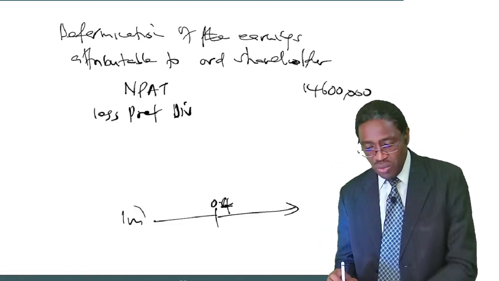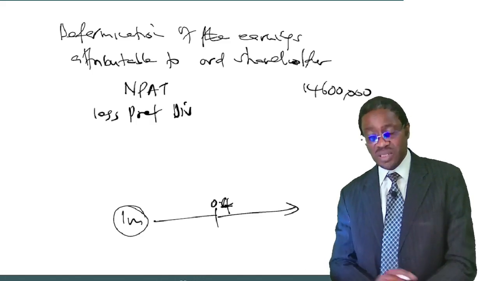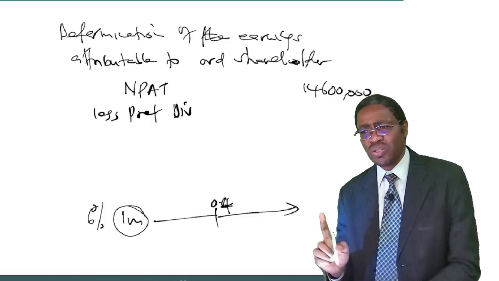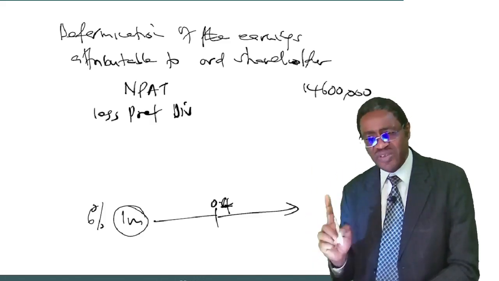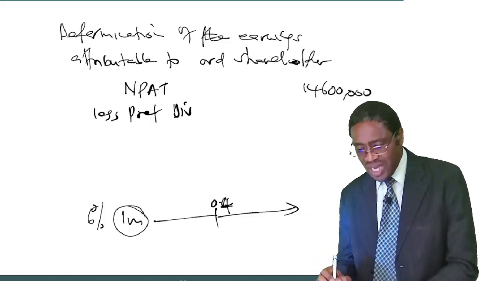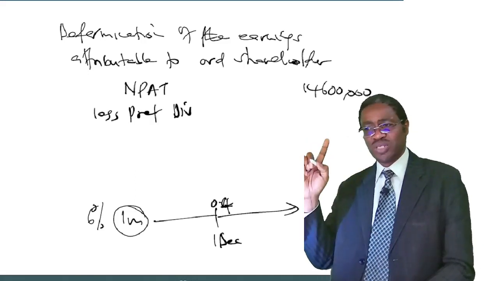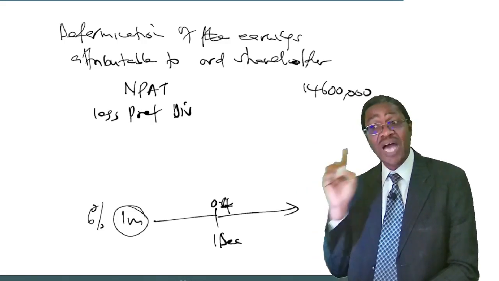So if 1 million was there at the beginning and the rate is 6%, we ask ourselves, for how long did we pay preference dividends on 1 million? Then come 1st December 2015, 600,000 disappeared, no longer remaining as preference.